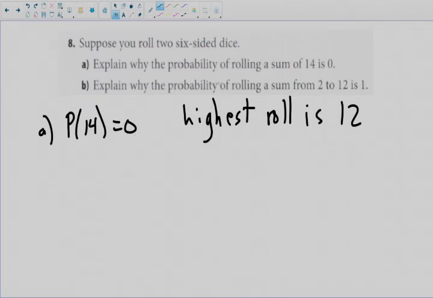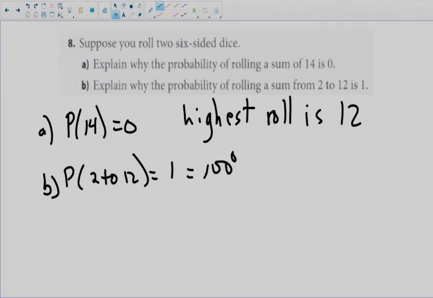Explain why the probability of rolling a sum from 2 to 12 is 1. Well, a probability of 1 means 100%. There's a 100% chance of rolling a sum from 2 to 12, because that's what all of the sums on 2 dice equal.